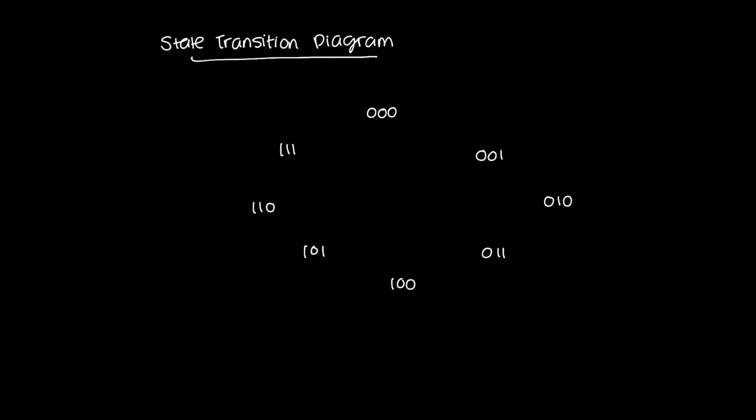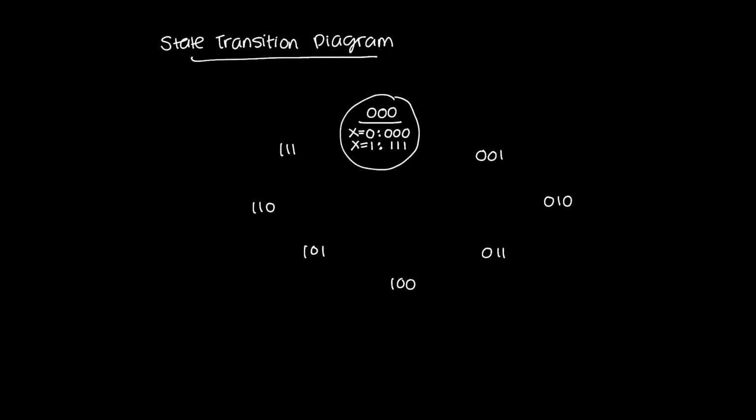But what I'm going to do instead is, depending on the state I'm in and depending on the input I have, my output is going to be different. So when X is equal to 0, I am going to output 0 like normal. And when X is equal to 1, I'm going to output 1, 1, 1.